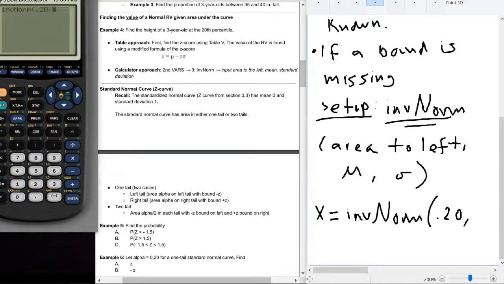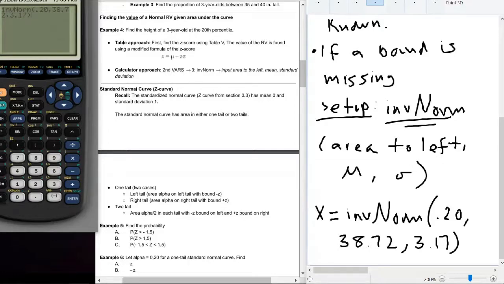Then we need the mean. The mean is going to be 38.72. Okay, that didn't change from the other previous examples. And then we need the spread, 3.17. Okay. What this will do is it'll find that missing bound at the 20th percentile.